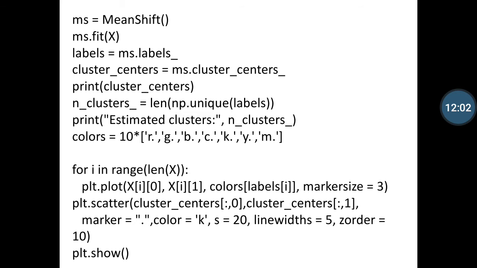Then I define colors equal to 10 times the color attributes r, g, b, c, k, y, m. Those are the color attribute names.